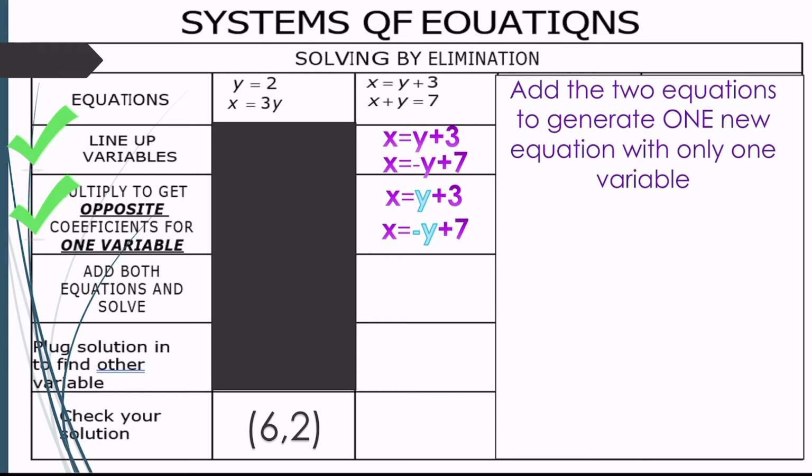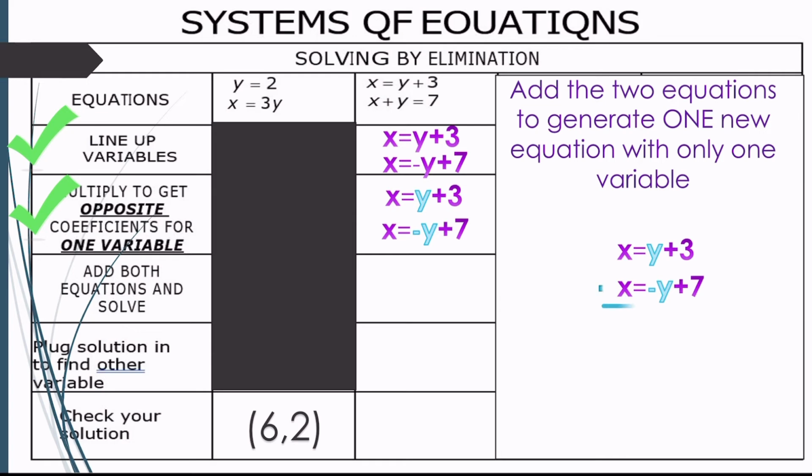When I add the two equations together, again, I'm going to say this now, I shouldn't have to continue to say this: it says add the two equations to generate one new equation with only one variable. That should be written in your notes. So I'm going to add the two equations.